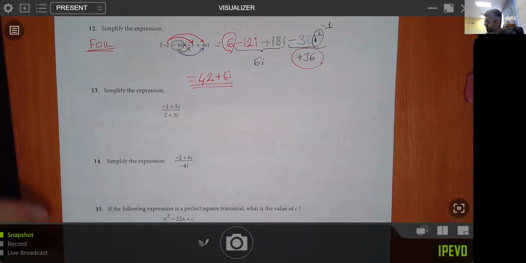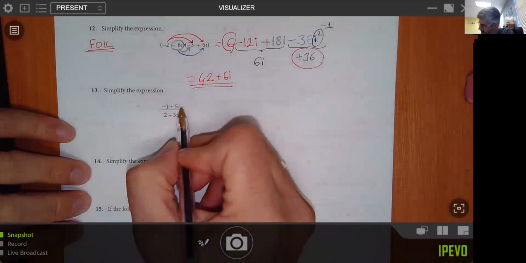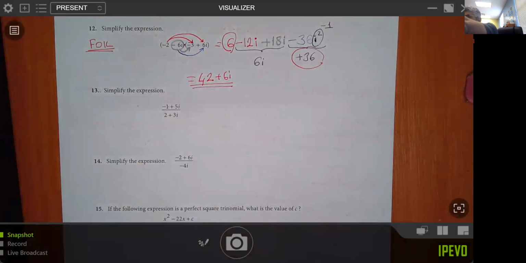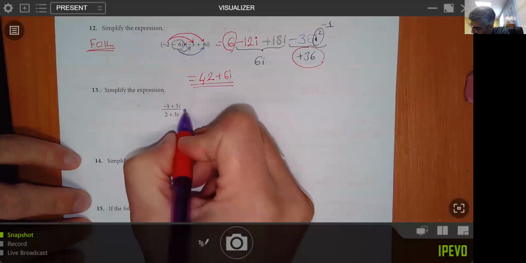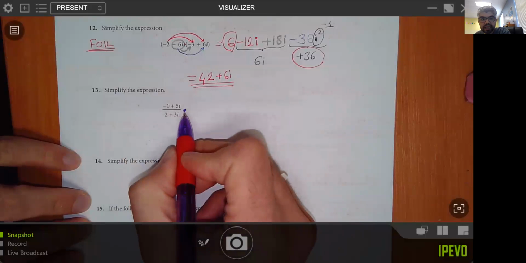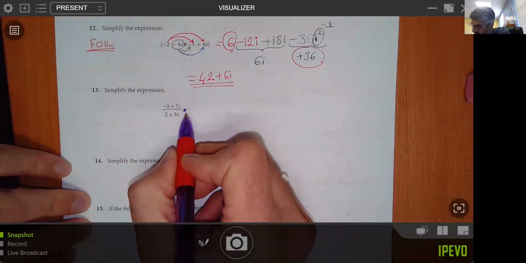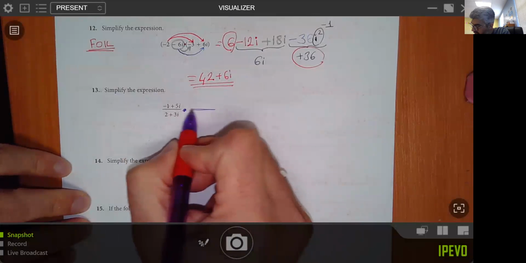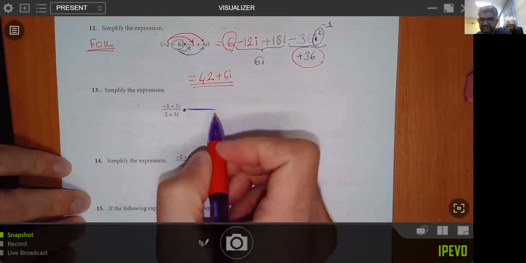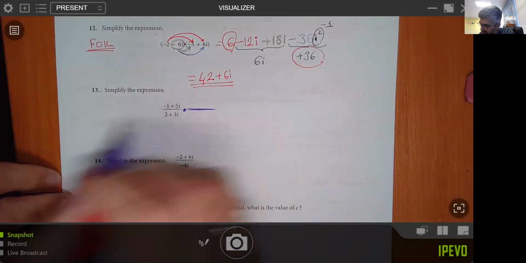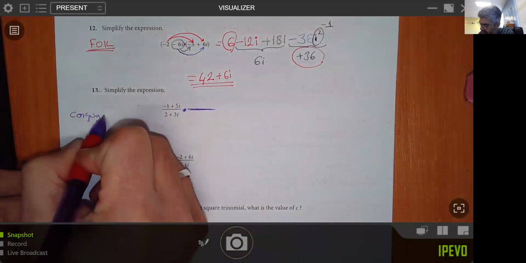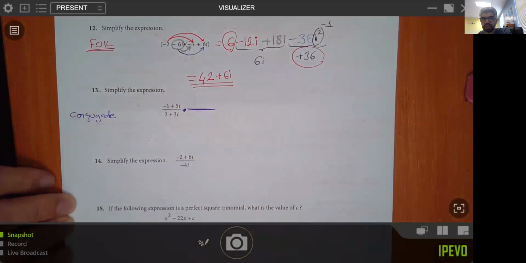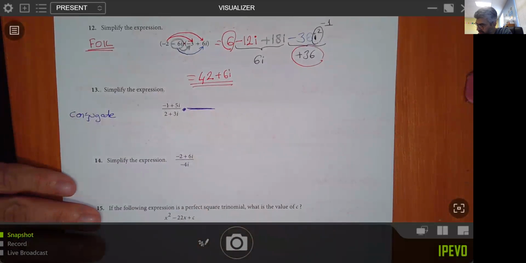What we are doing, guys, we multiply the given fraction by the conjugate of its denominator. What is conjugate, guys?